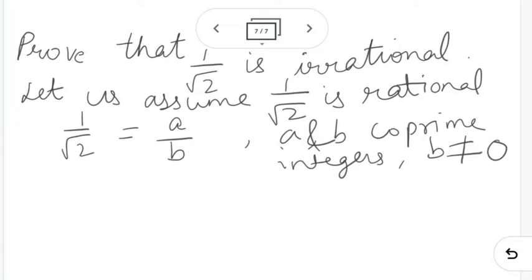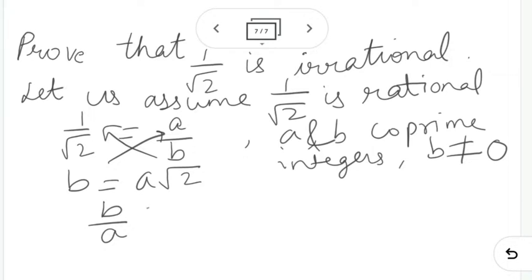Now we can cross multiply them. We will get b equals a root 2, or we can bring this a down. So we will get b upon a equals root 2, or we can also write it as root 2 equals b upon a.